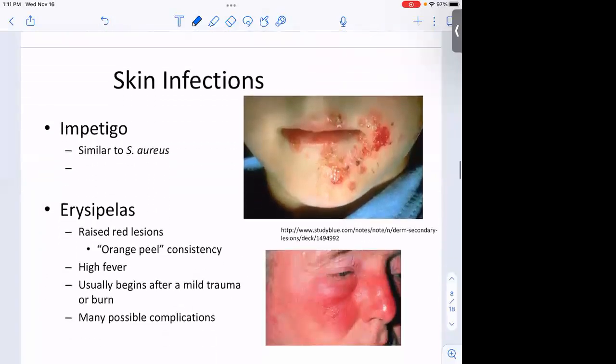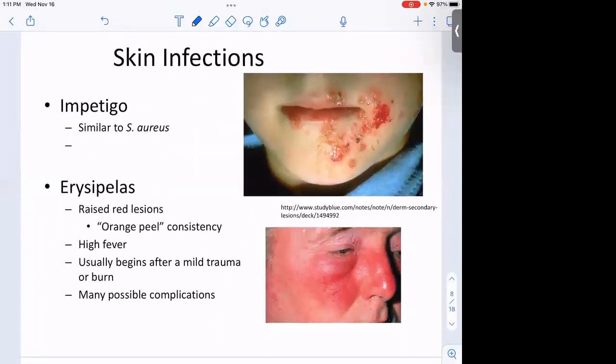Okay. All right, so different kinds of infections. We'll start with skin infections and then get to some other infections as well. So we talked about impetigo, how that can be caused by Staph aureus, also can be caused by strep pyogenes. Looks very similar.